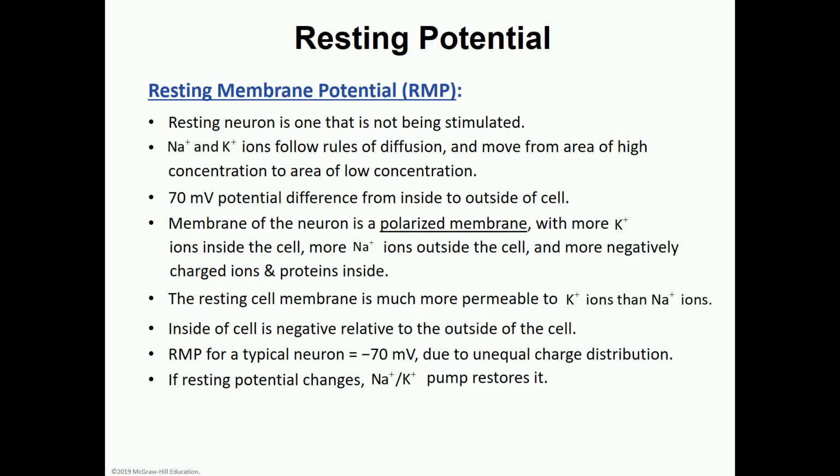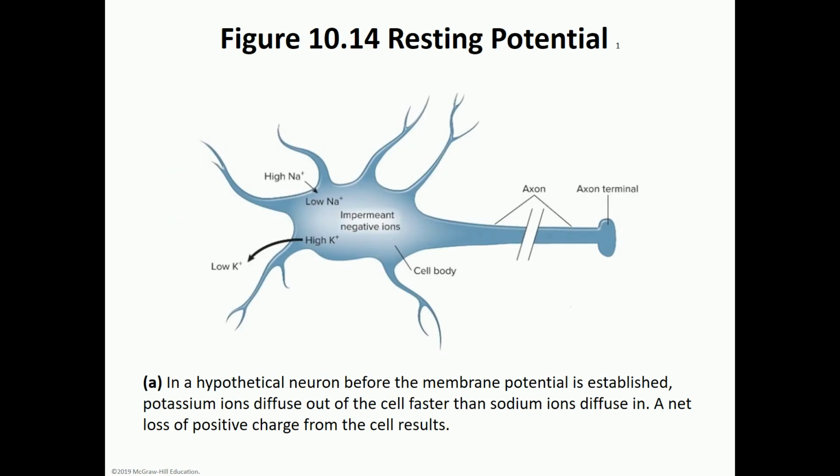Now, in order to lead to an action potential, we have to activate certain gates. And we'll explain this kind of in a story kind of way. So let us take a look. Here we're also looking at the resting membrane potential.